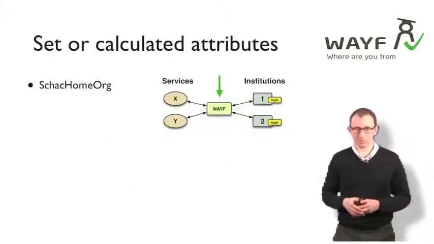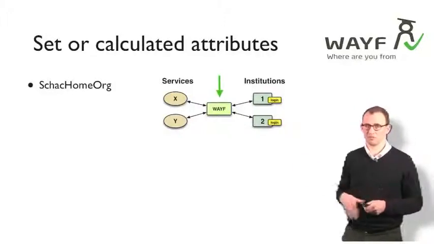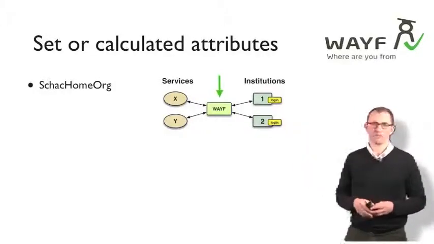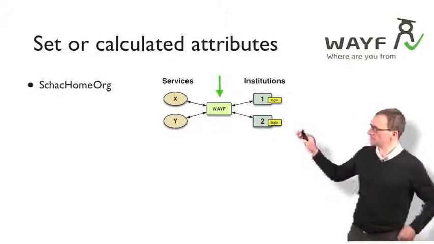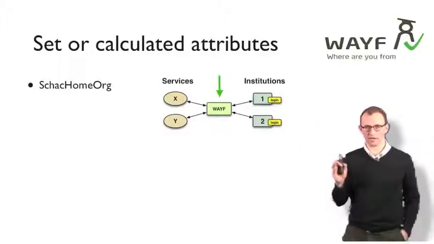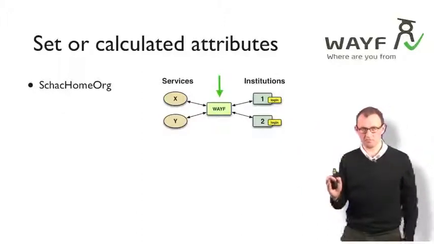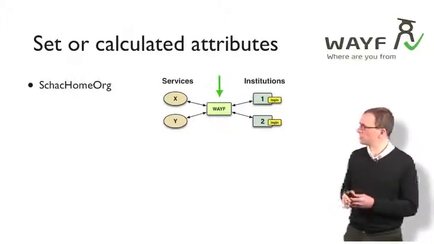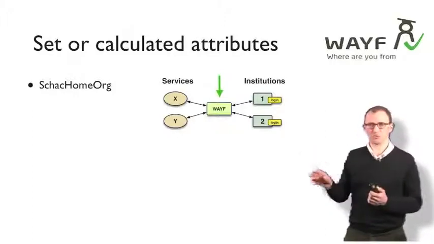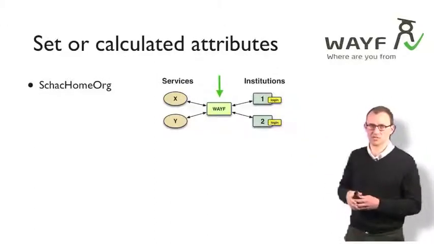Having a hub in the middle, the federating hub, the WAYF here in the middle, provides you with some good things in terms of security. You may actually know where the information originated from, and therefore a set or a calculated attribute is an attribute which is provided by the central federating hub.